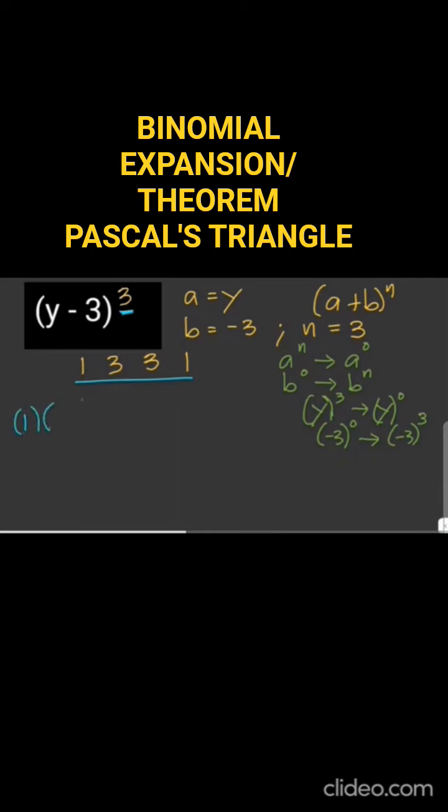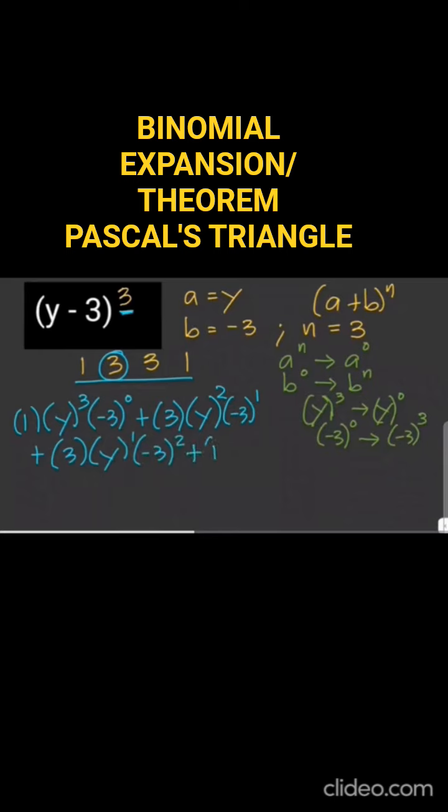So 1 times a, which is y cubed, times negative 3 to the 0, plus 3, the second coefficient, times y squared times negative 3 to the 1, plus 3, the third coefficient, times y to the 1 times negative 3 squared, and the last term with coefficient 1 times y to the 0 times negative 3 cubed.